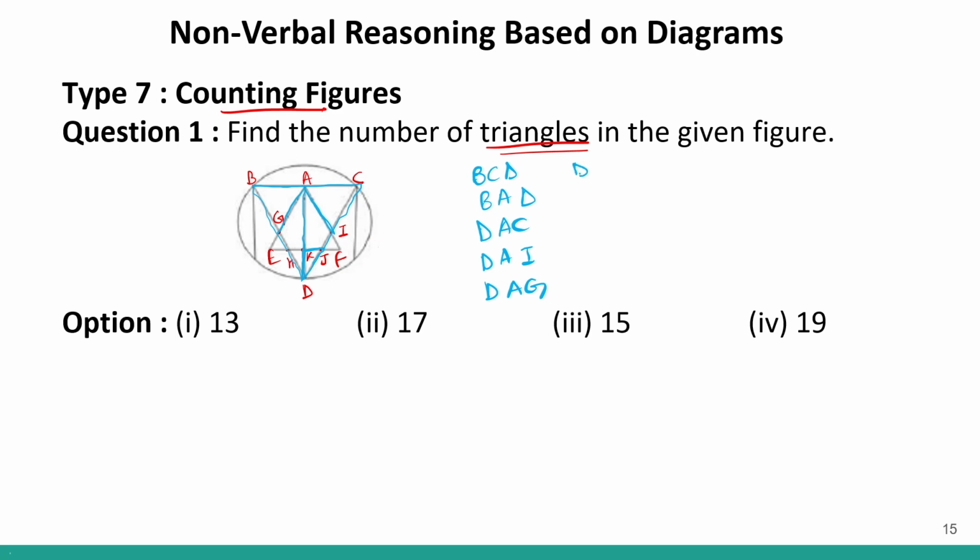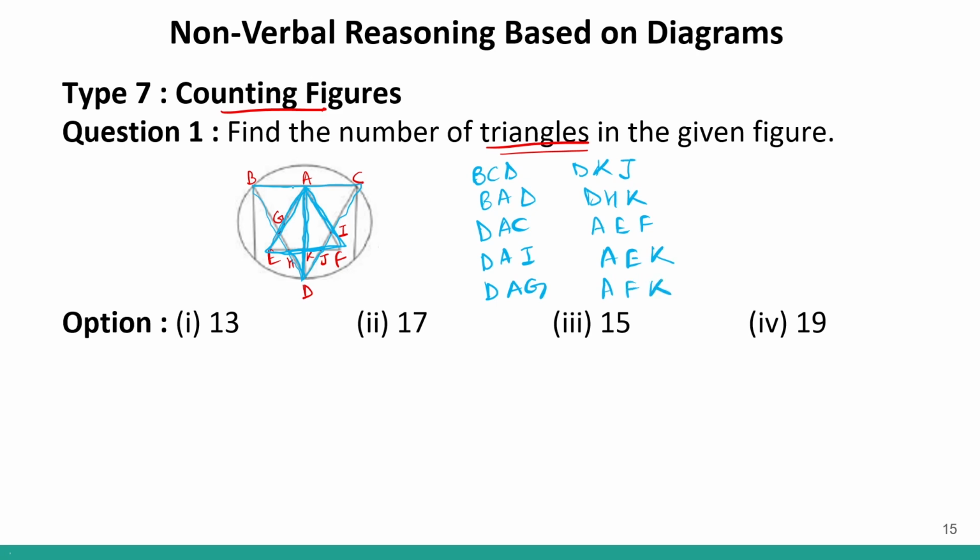Now, I can see a triangle over here. This is DKJ. And over here I can see this triangle which is DHK. Similarly, I can see this big triangle which is AEF. And I can see these two triangles, which are AEK and AFK.